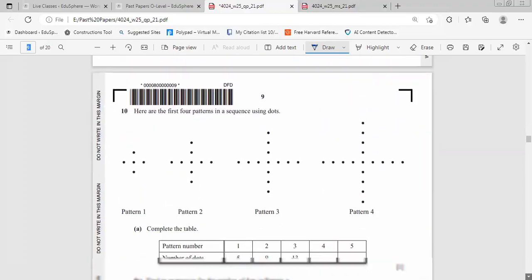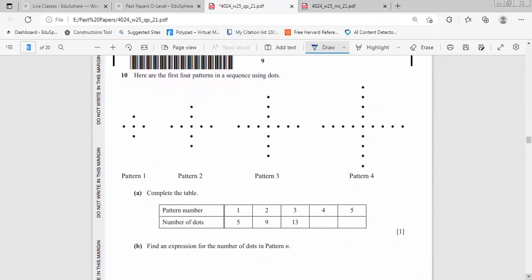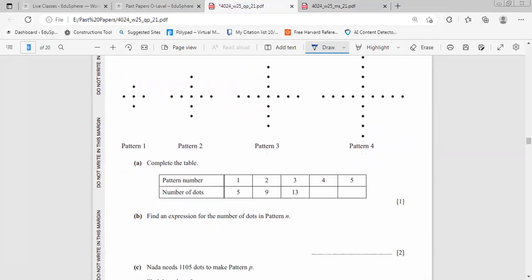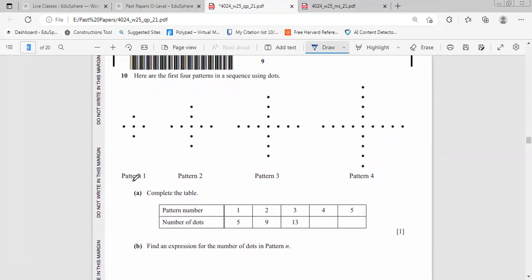Okay. Now there is a question of 4 patterns in the sequence. Now we can see the patterns here. Pattern number 1 has 5 dots, then pattern number 2 has 1, 2, 3, 4 dots included, so there are 9 dots.